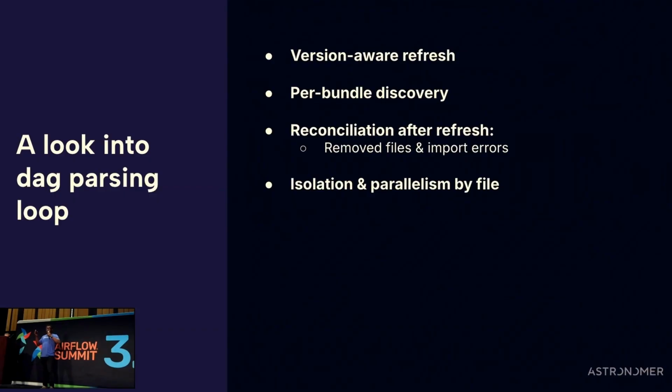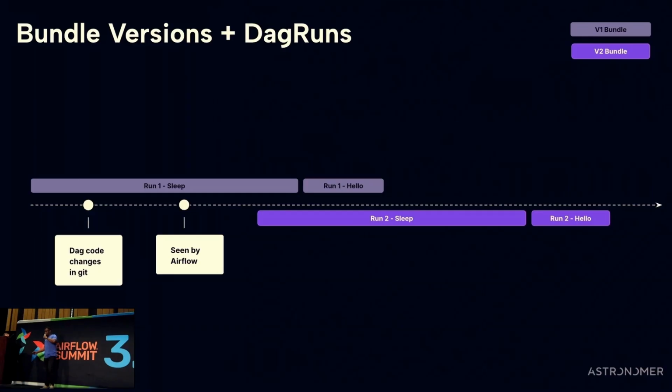It does this per bundle, and at the end of the day, it also reconciles and removes files or import errors that we have. And it does this processing per file in a bundle. So I'll give it to Jed to talk about bundle versions.